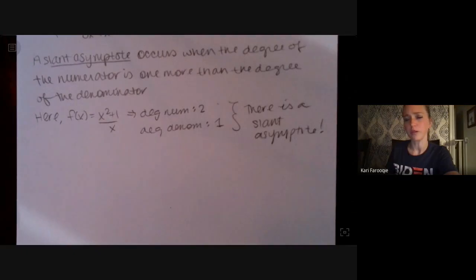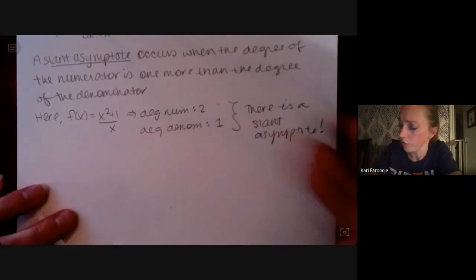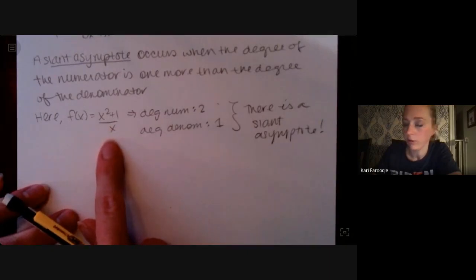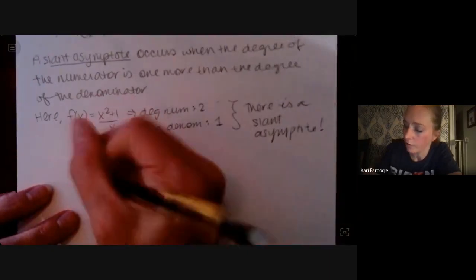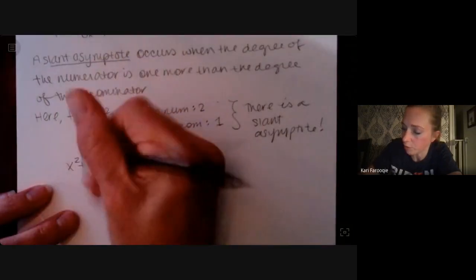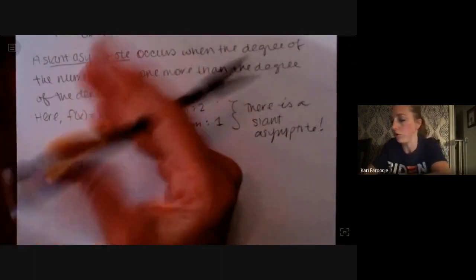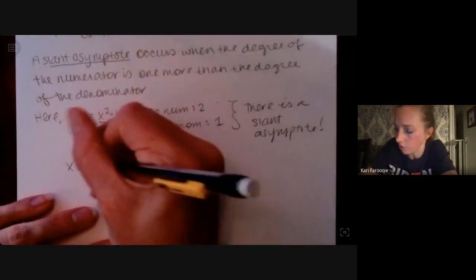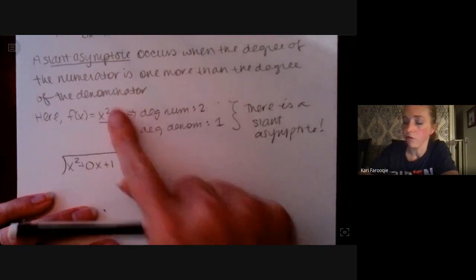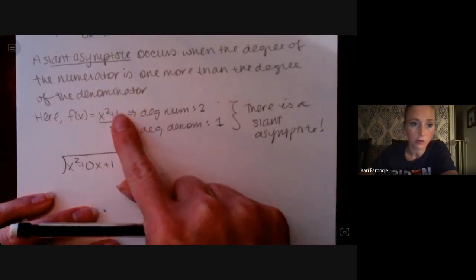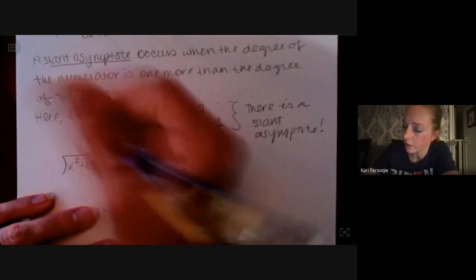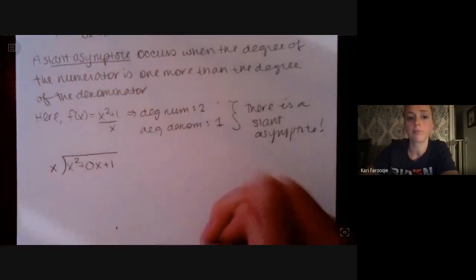I'm trying to think, have we done it in this class, polynomial long division? And I can't remember. Take your function and divide it out. So x squared plus 1. Oh, don't forget, when you're performing polynomial long division in your dividend, you need to account for every power of x. So you don't have an x to the first power, but you need to write it as 0x in your dividend. And you're dividing that by x.